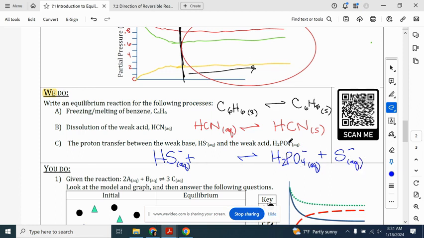If this gained a hydrogen over here, what did it start with? H, PO4. It was a minus here, and I have an extra hydrogen, so what would the charge be? -2. And that would also be aqueous.